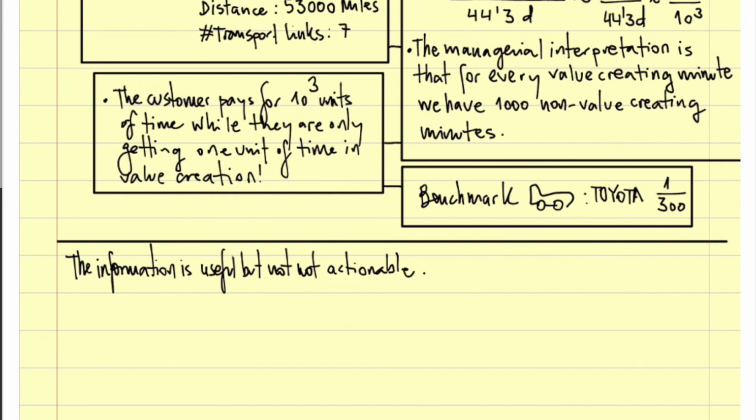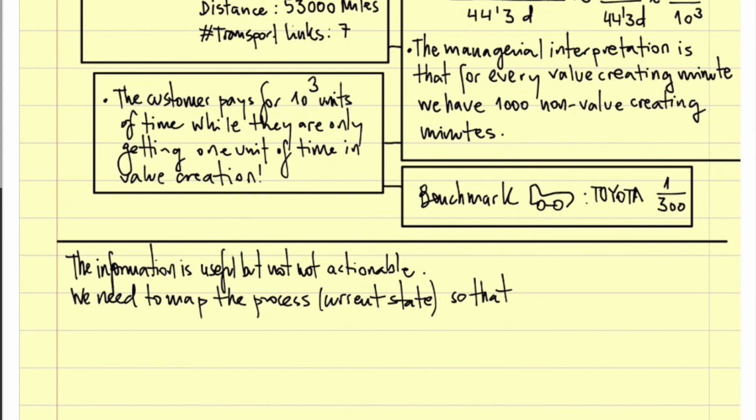We need to map the process, the current state, so that managers can act on it.